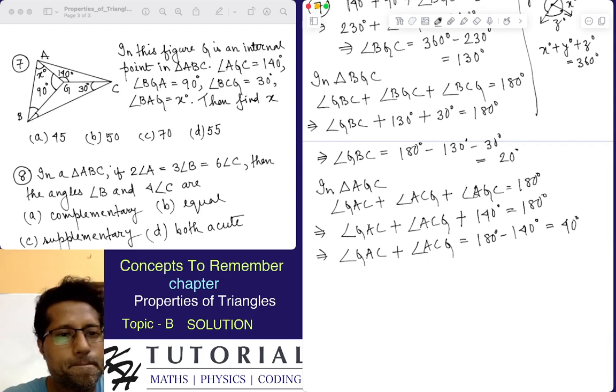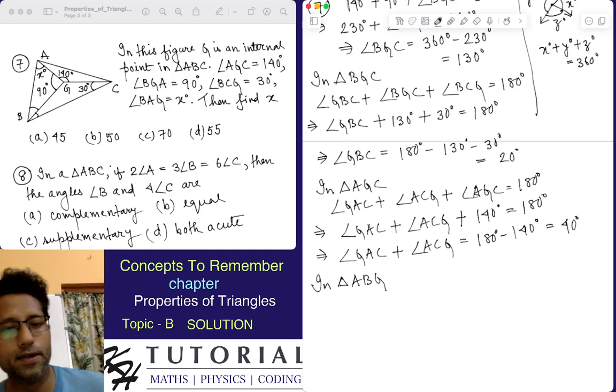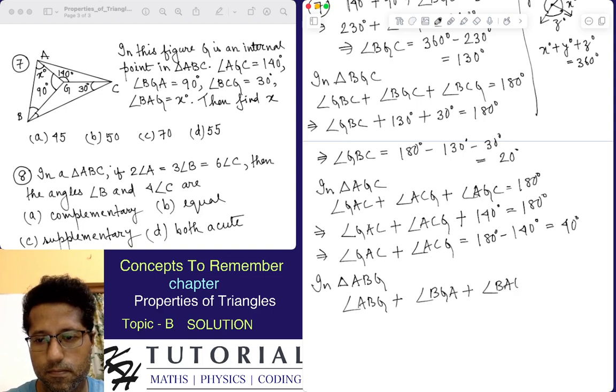Now in triangle ABG, if we apply the sum of its angles is equal to 180 degree, we get angle ABG plus angle BGA plus angle BAG is equal to 180 degree.